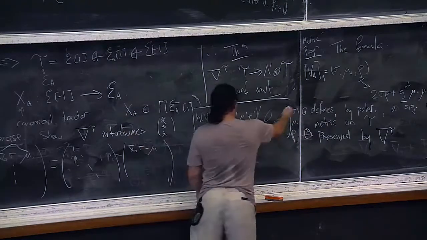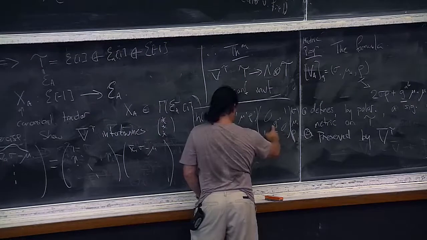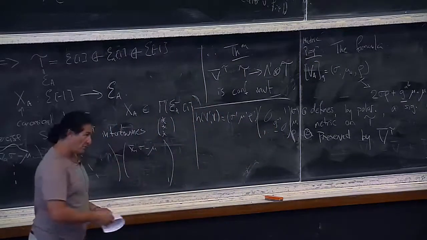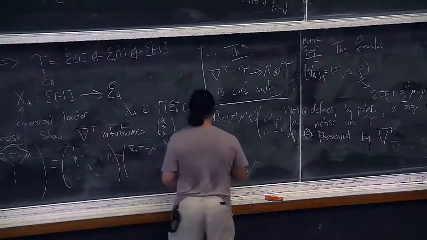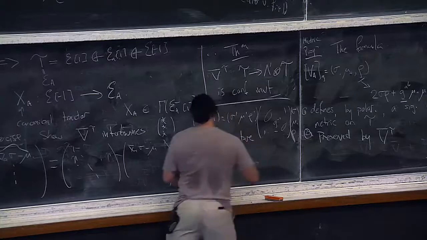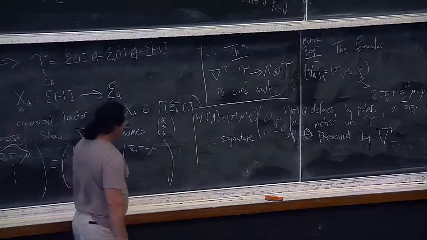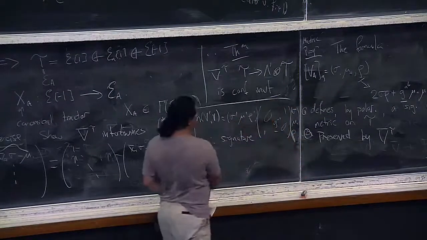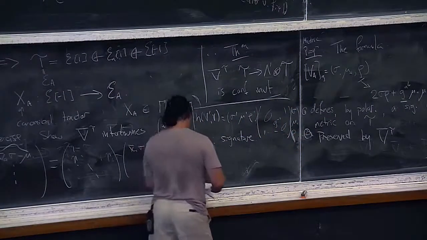And so it's just visible that if the conformal structure has signature (P,Q), then this thing has signature (P plus 1, Q plus 1). Okay, so I think we have everything in our proposition proved.